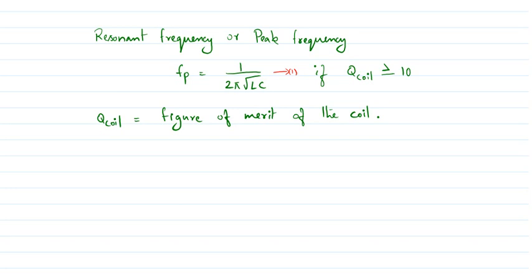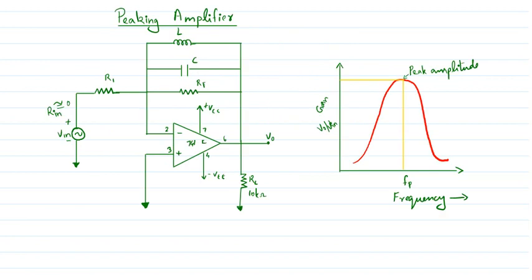The impedance of the parallel LC network is very large at resonant frequency. Therefore the gain of the amplifier at resonant frequency is maximum, hence given by the equation. The gain of the amplifier AF depends on the resistances RF and RP.